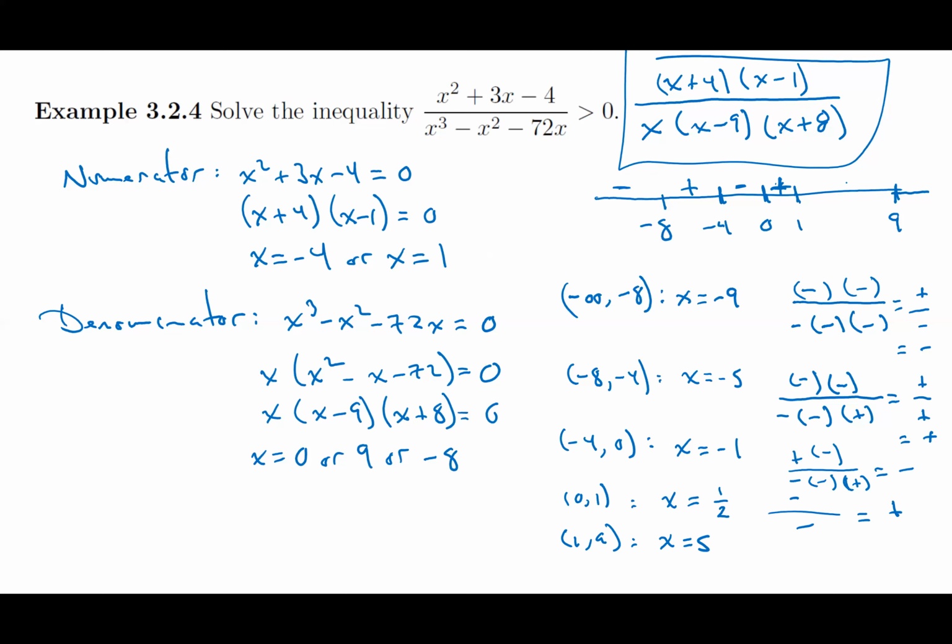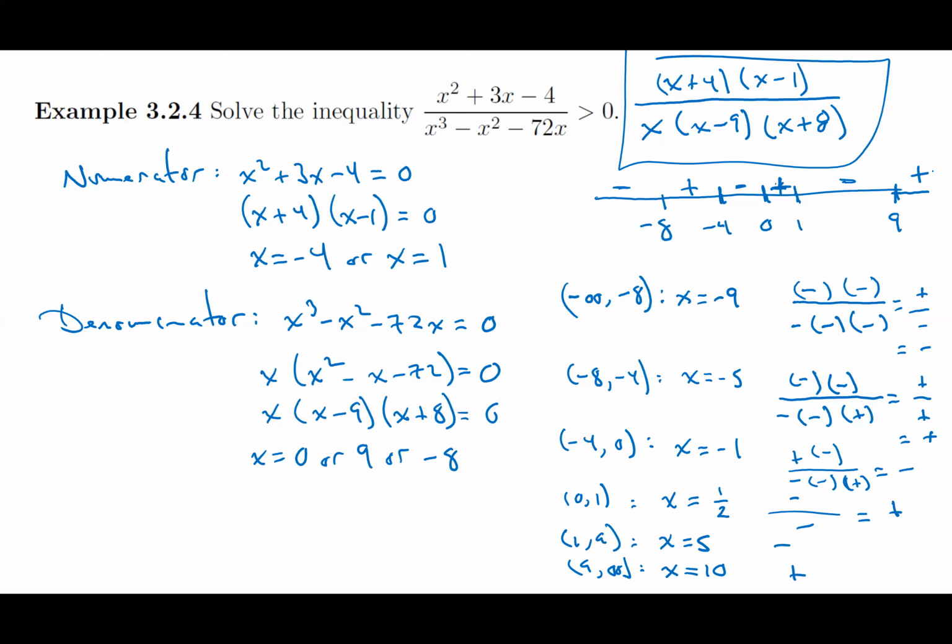And then in my last interval, 9, infinity. Let x be 10. And here, everything will be positive. So we get a positive. Okay. So now I can actually write my solution, okay? So I'm looking for where this thing is positive.